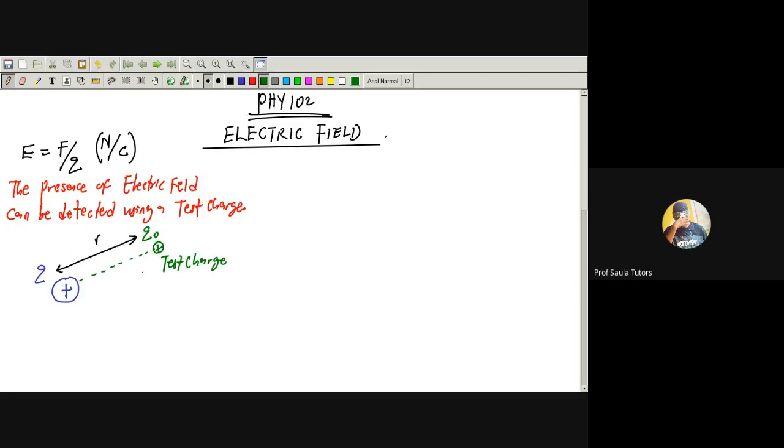Don't forget Coulomb's law. Like charges will repel each other. So those forces will be directed away from each other. So the electric force on Q0 exerted by this Q will be directed in this direction, right?